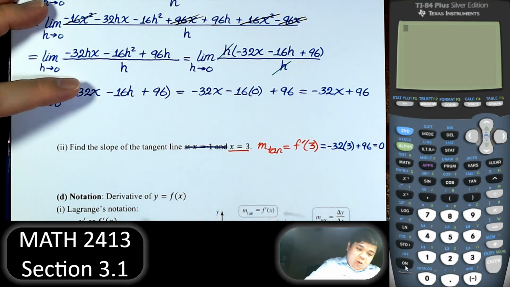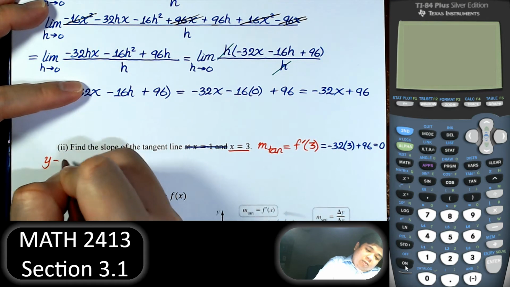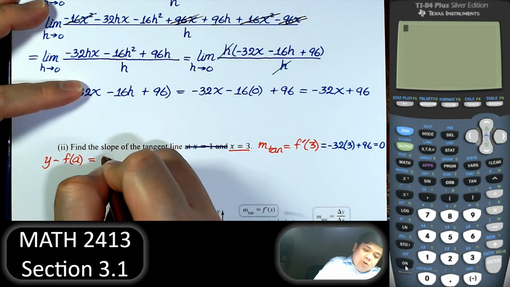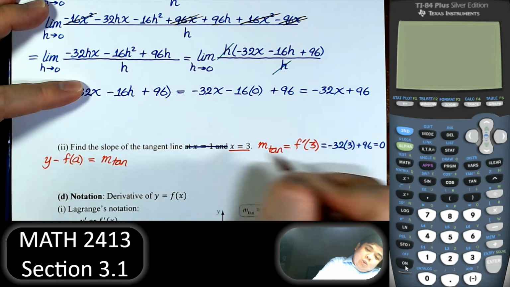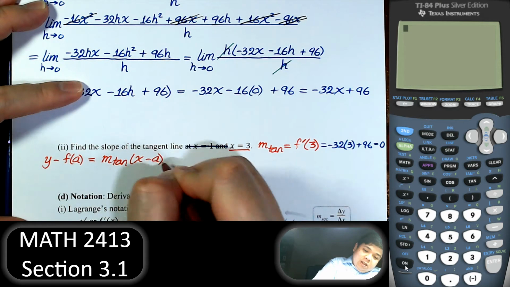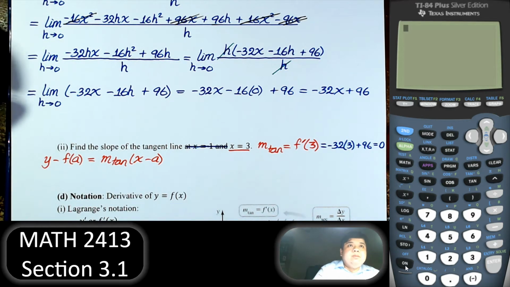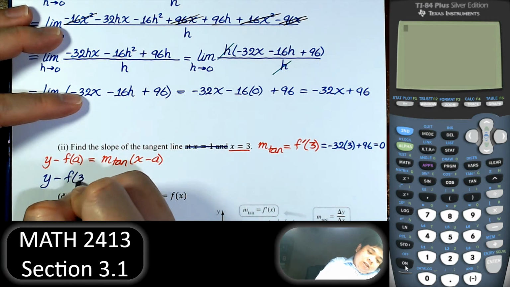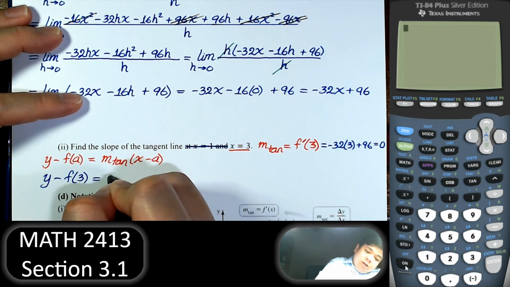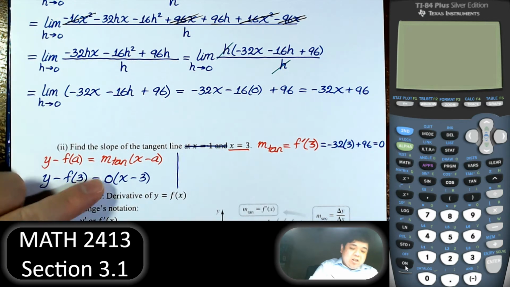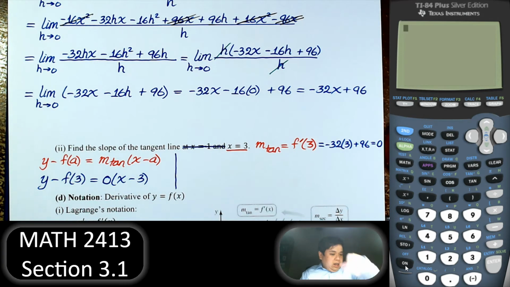And finally, the equation: y minus f of a equals the slope of the tangent line, which is 0 in this case, times x minus a. Right, a is 3 and the slope is 0. Zero times anything on the right-hand side is 0.